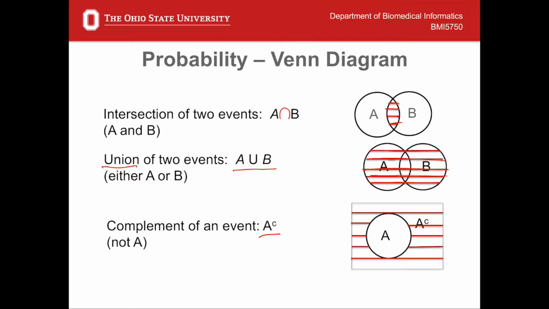The complement of an event is denoted as A superscript C. Say this is all the events with probability equal to 1, and the complement of event A is all the area outside A. That's A superscript C.